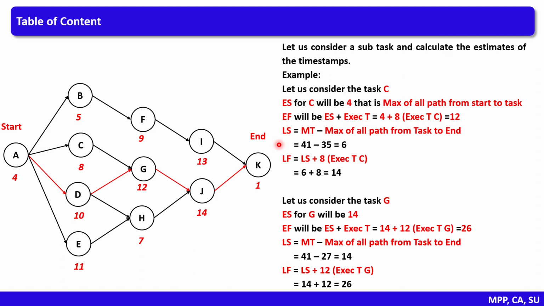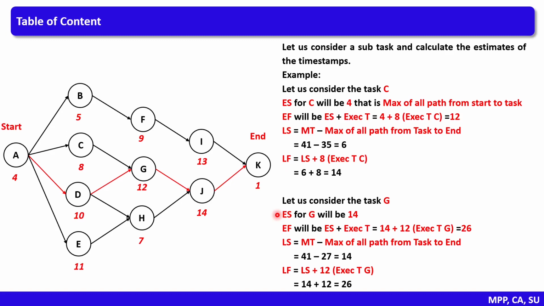So 41 minus 35 will make 6. Based on late start, we estimate late finish. Late finish is the sum of late start and the execution time of the task. Here, the execution time of task C is 8. So 6 plus 8 makes 14. So late finish for task C is 14.